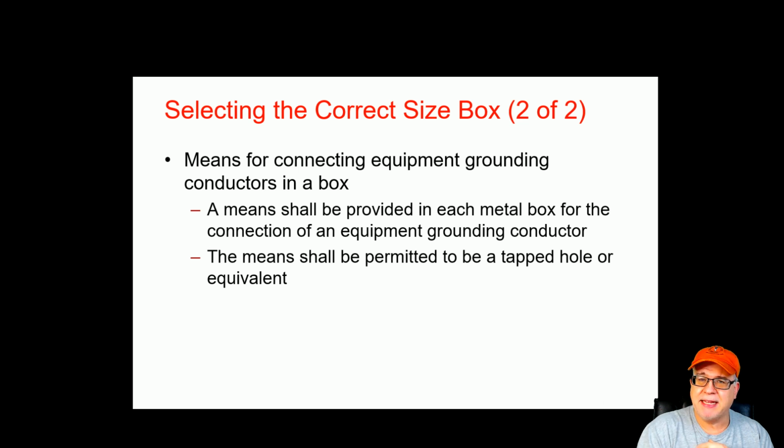So you have to be able to take the equipment grounds and connect them to the box via that equipment grounding conductor. Now, the means shall be permitted to be a tapped hole or equivalent. They also make what are called ground clamps that will clip over the side of the metal box and hold the equipment grounding conductors to the box. You're going to learn all about that in the program.